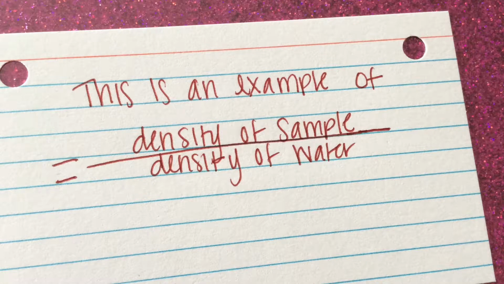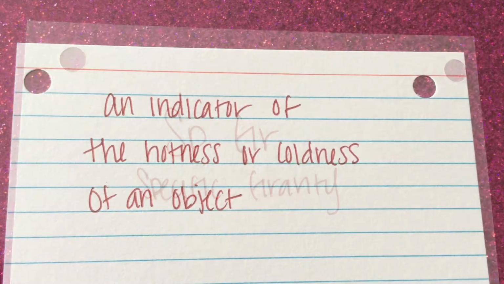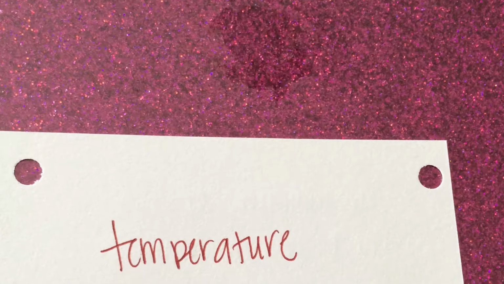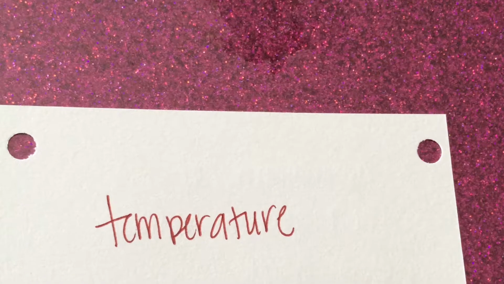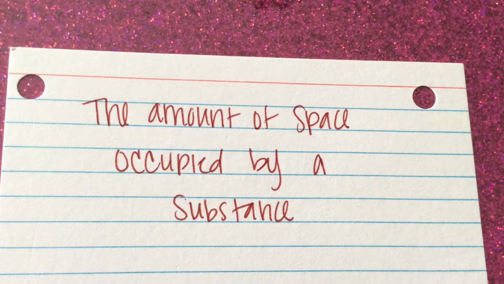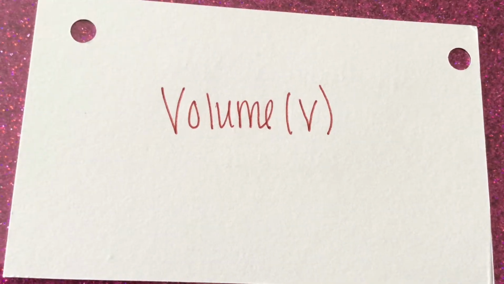Density of sample over density of water is an example of specific gravity. An indicator of the hotness or coldness of an object. Temperature. The amount of space occupied by a substance. Volume, V.